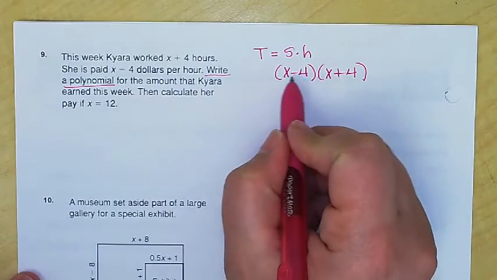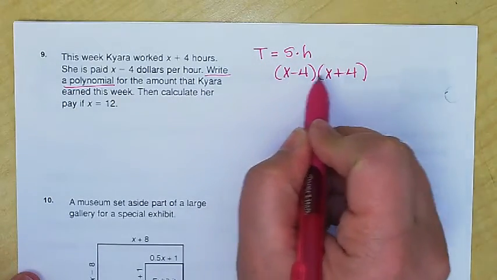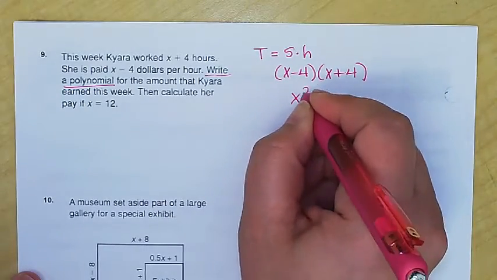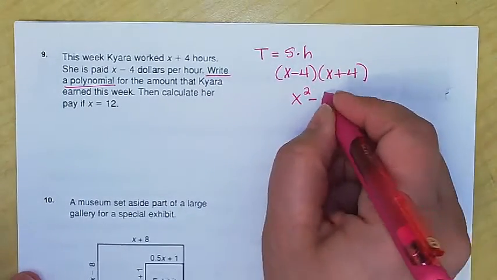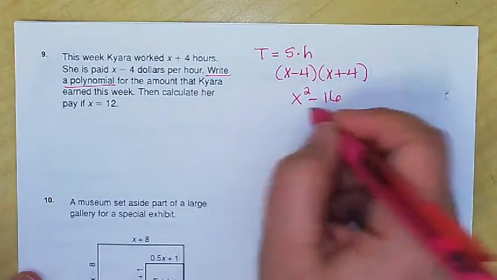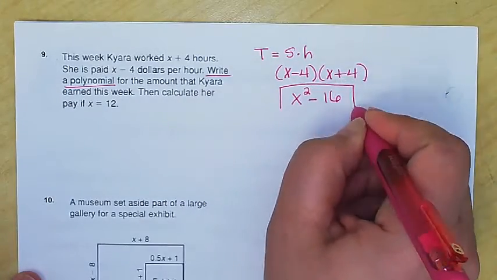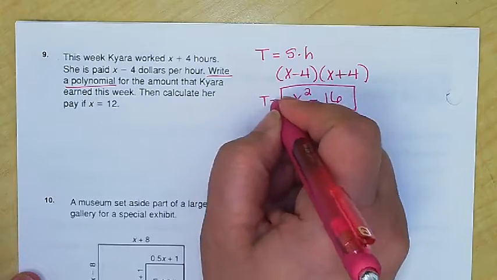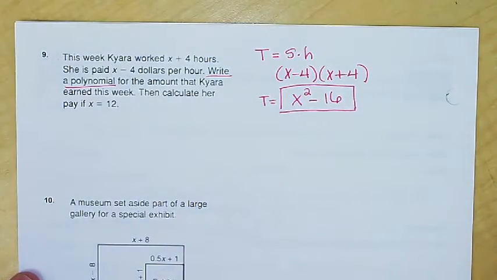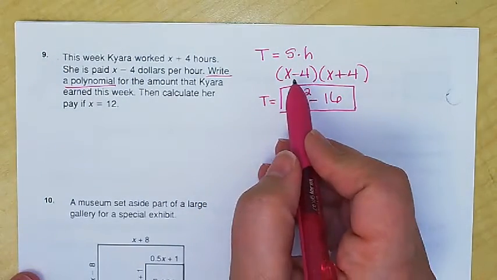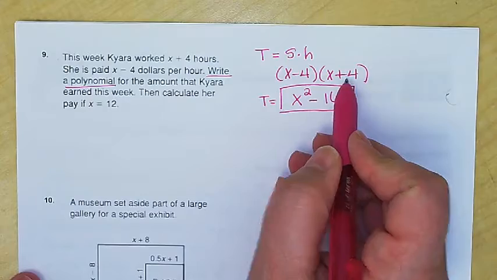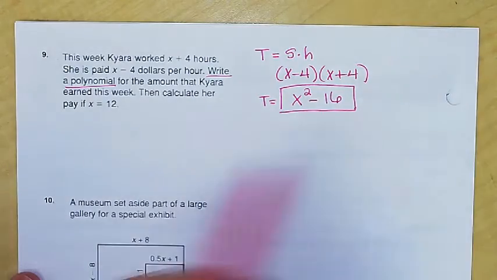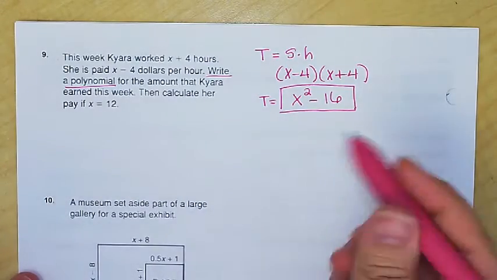But before you work it out, if you catch, oh, but these are actually the same, except one is a sum and one is a difference, then I know very quickly that it's just going to be the square of the first term minus the square of the second term. And so that is the first part of this problem. This is going to be the total that she earns in a week. It's the product of how much she gets paid per hour and how many hours she worked. But that product is just the difference of perfect squares.